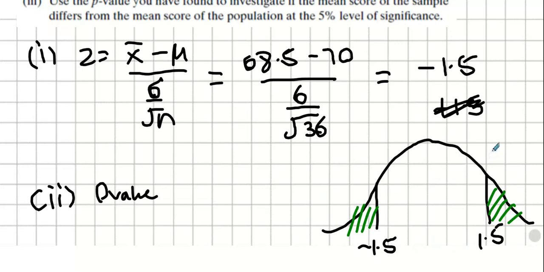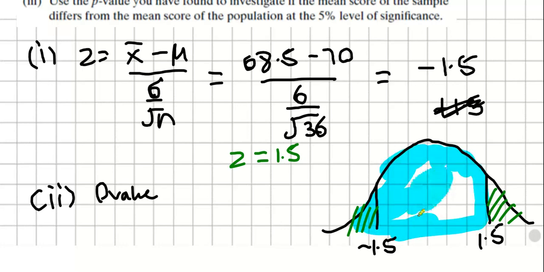So, can everybody get a Z score of 1.5 for me and tell me what it is? Okay, so this blue region here is 0.9332. Can anybody now tell me what the green region is on the right hand side? 0.0668.